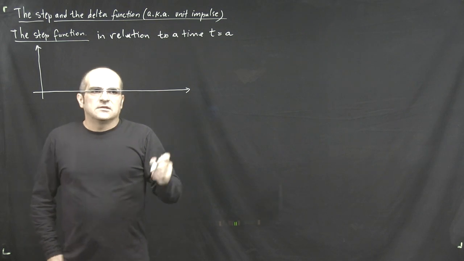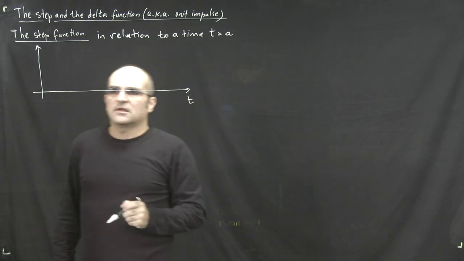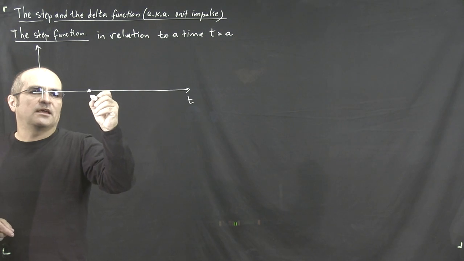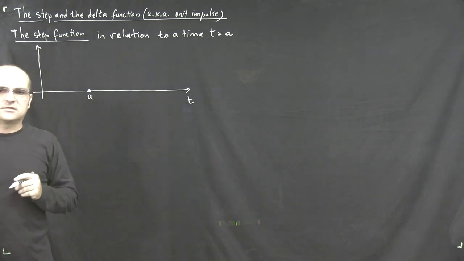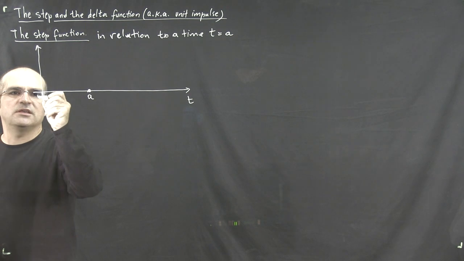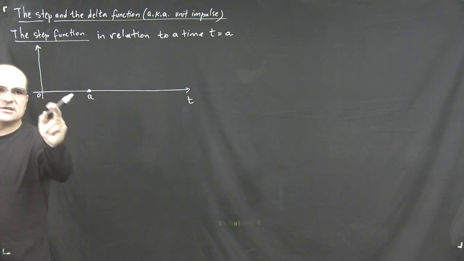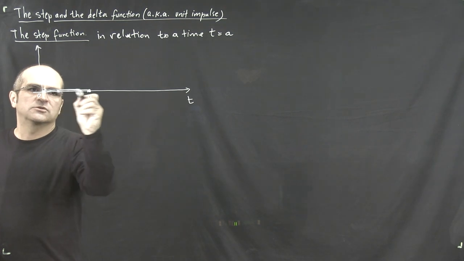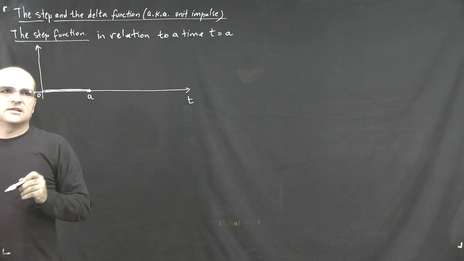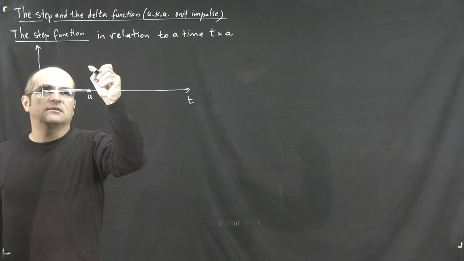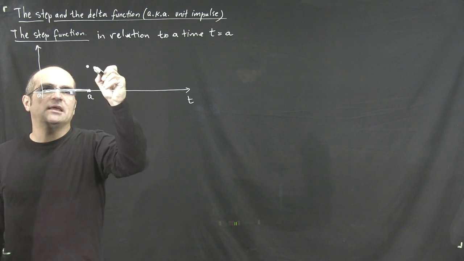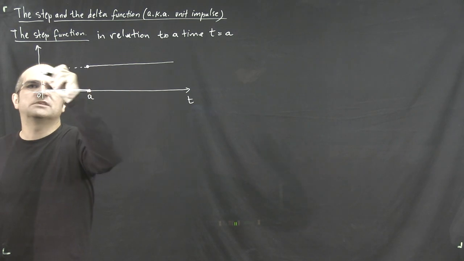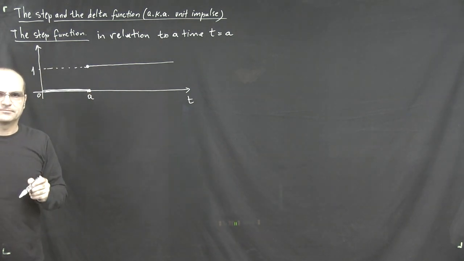So this is the time axis, and the function essentially does nothing until t is equal to a. So in the time interval 0 to a, the function is 0. So it returns 0. And then as soon as the time clock hits the value a, the function returns 1. So this is 1 on the vertical axis.